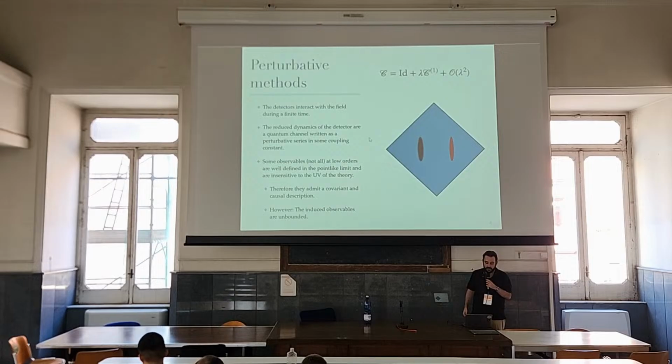And therefore they are, let's say, covariant and causal observables. However, these observables in perturbation theory are never bounded operators. So if we want a measurement theory, where one gets one operator that describes probabilities for any state, then we cannot use perturbation theory.